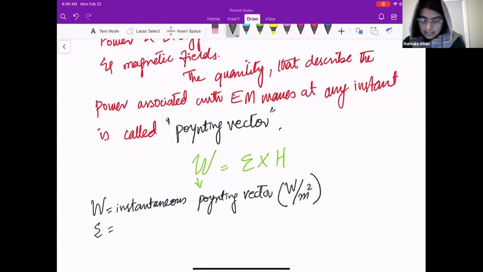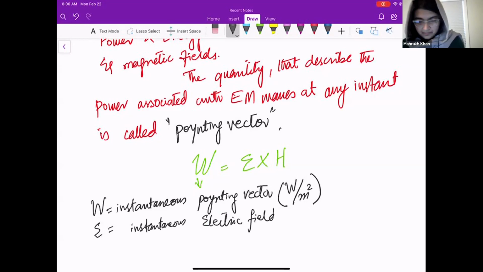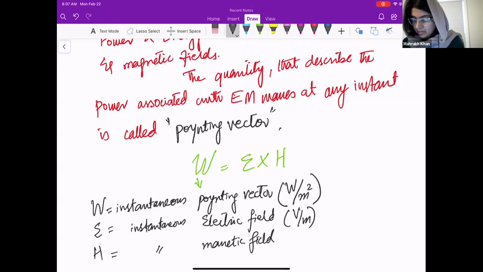E is the instantaneous electric field, volt per meter, and H is the magnetic field intensity, and that is A per meter.